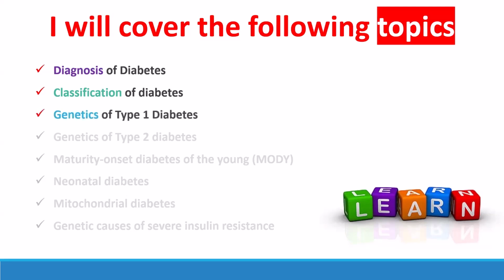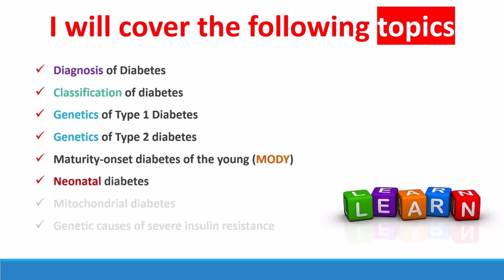The genetics of type 1 and type 2 diabetes mellitus is very important and very repeated in previous exams, at least 1 or 2 questions on genetics every year. MODY diabetes is very important in each exam, with about 3 to 4 questions related to MODY.